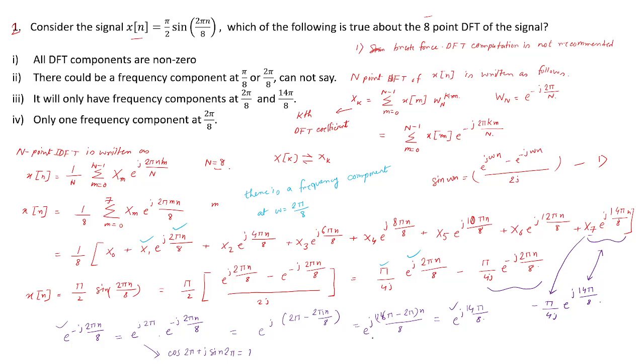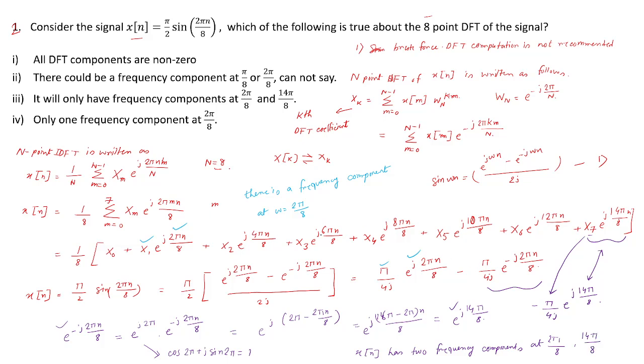So what is the conclusion? That xn has two frequency components, at 2 pi by 8 and another at 14 pi by 8.